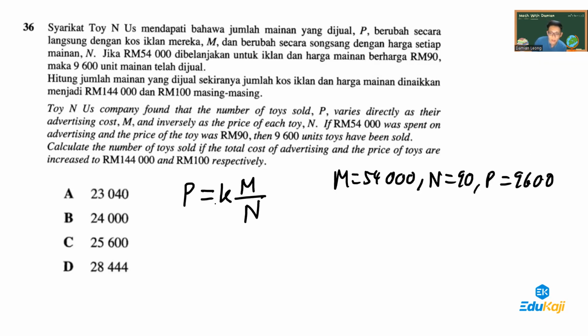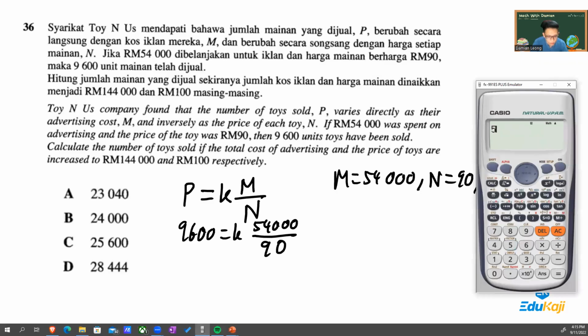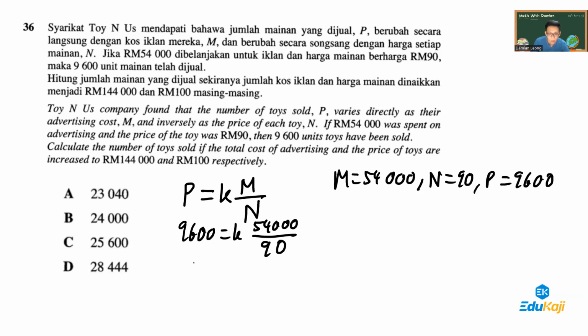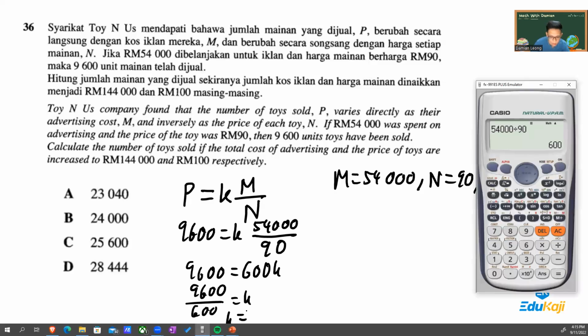So use that to find K first. 9,600 is K times 54,000 over N, 90. So 54,000 divided by 90 is 600. 9,600 is 600K. 9,600 divided by 600 is K. K will be 16.